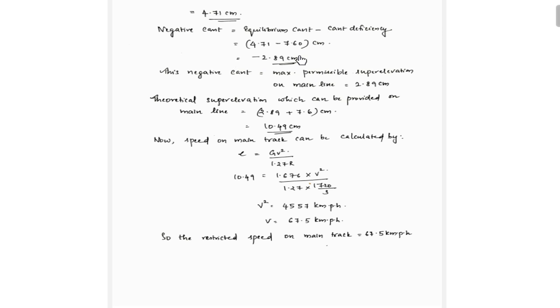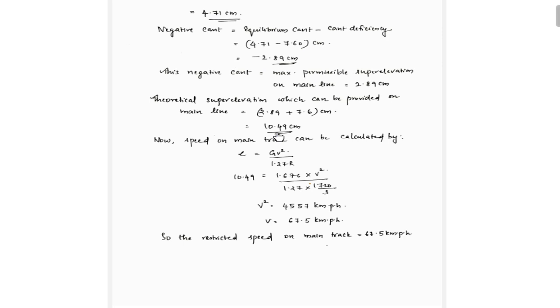Okay. So theoretical super elevation can be found out by cant deficiency plus the actual cant provided. The actual cant provided is 2.89. The cant deficiency is 7.6. So when you add up, you will be getting the value 10.49. This is the value for theoretical super elevation on the main line.